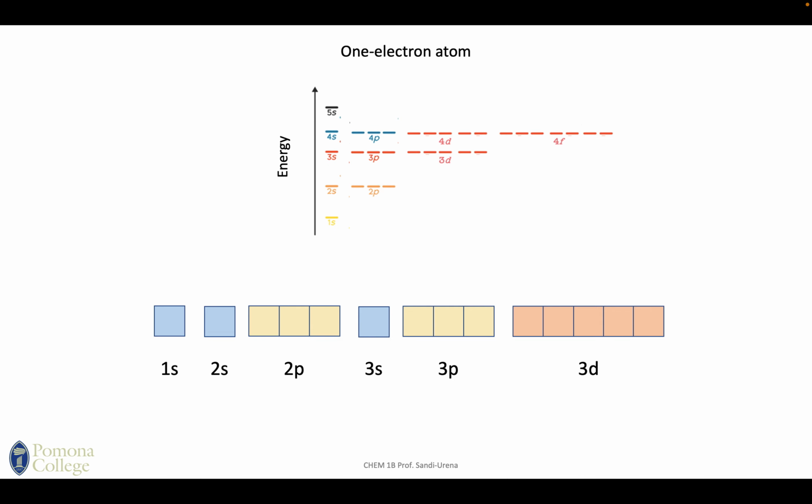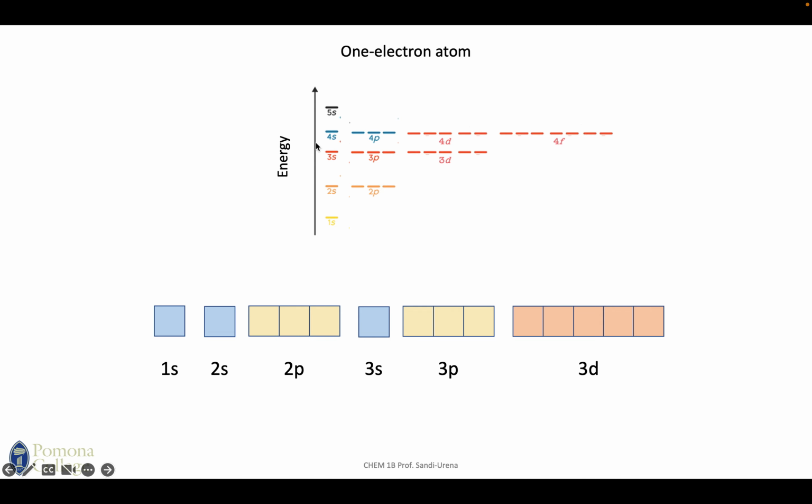So we're going to assume that we have a one electron atom, and our discussion will be based on that because it's the simplest scenario, and then we can build up to something a little bit more complex. Drawing the energy diagrams like that would be cumbersome. It would take too much time. So we do what we like doing in sciences. We create symbols, or visual models, to condense information.